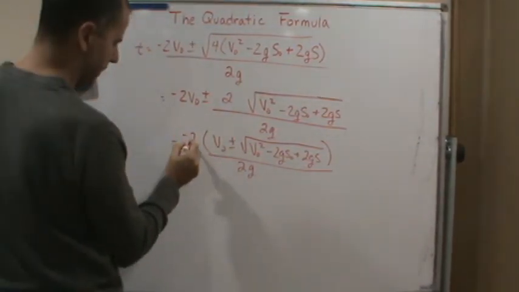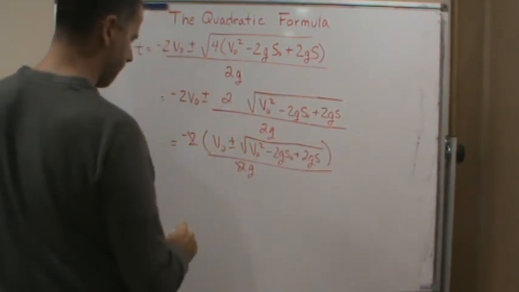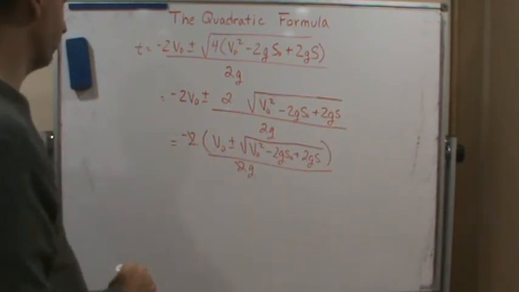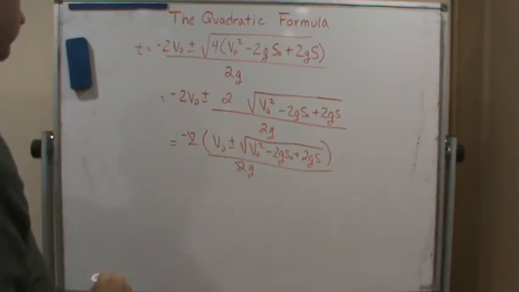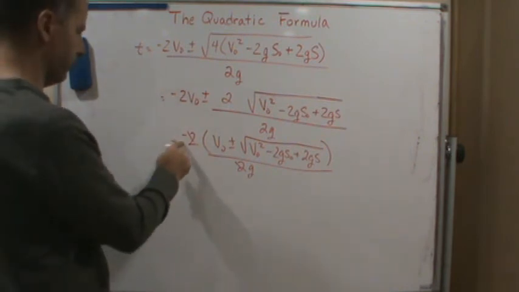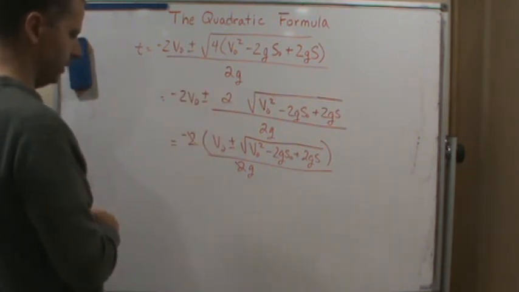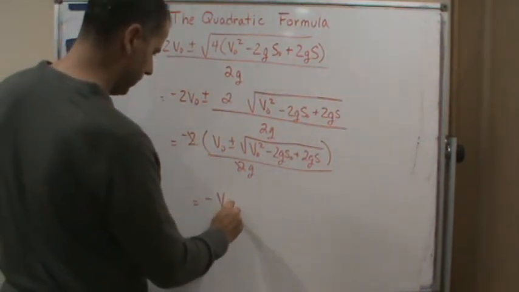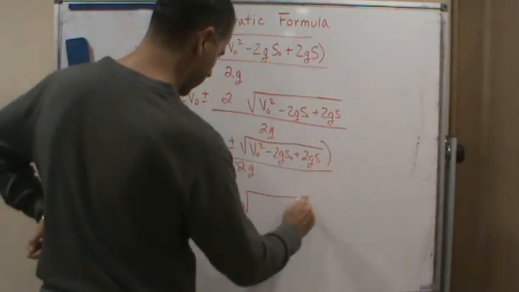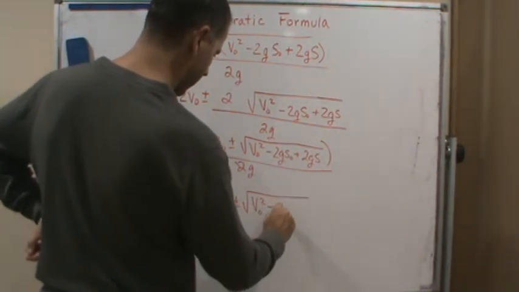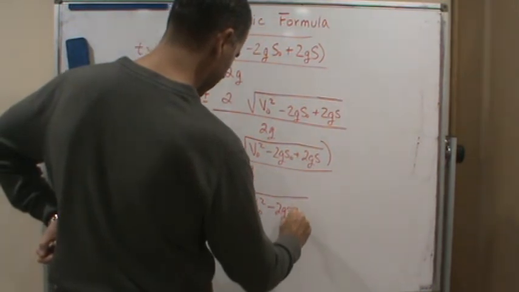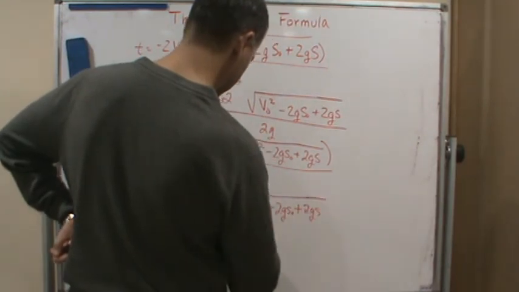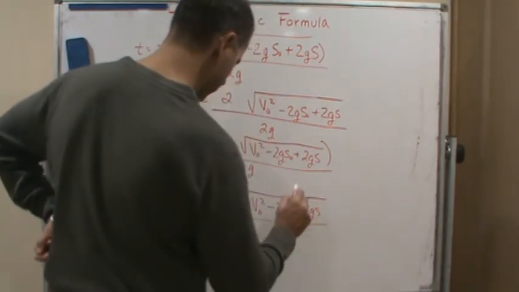And now this 2 cancels with that one. So I guess it didn't matter with the negative because it's just going to be negative anyway. So the final answer is going to be negative v naught plus or minus the square root of v naught squared minus 2g s naught plus 2g s, over g.